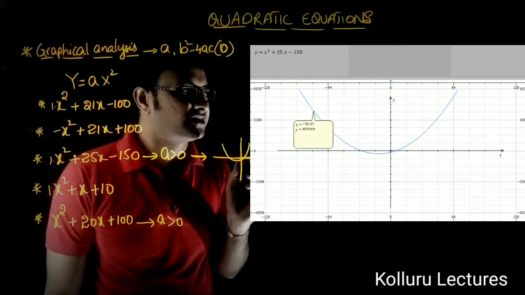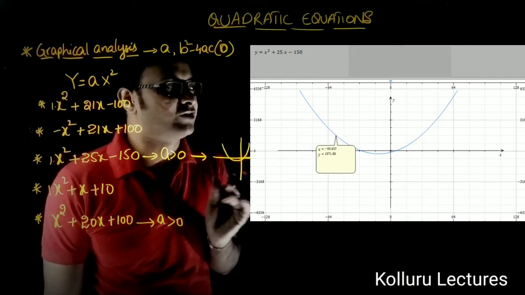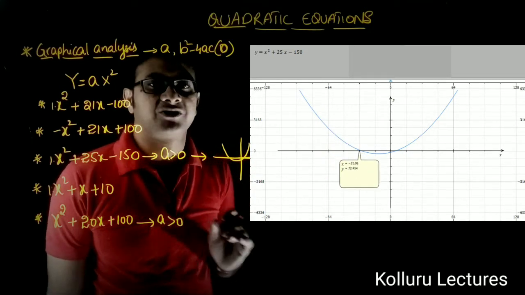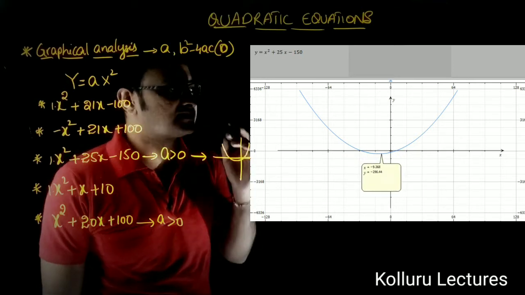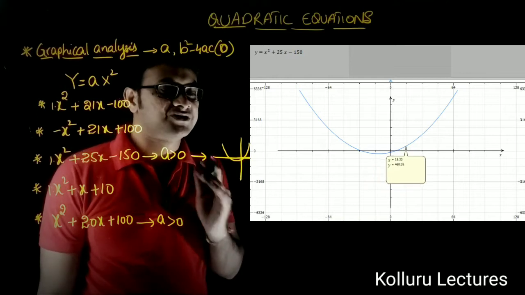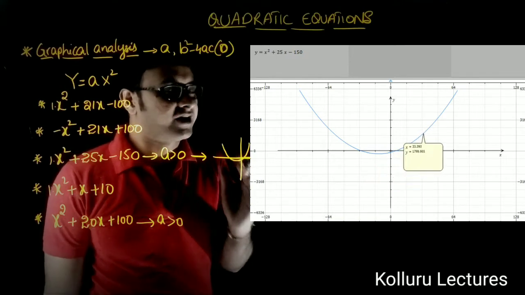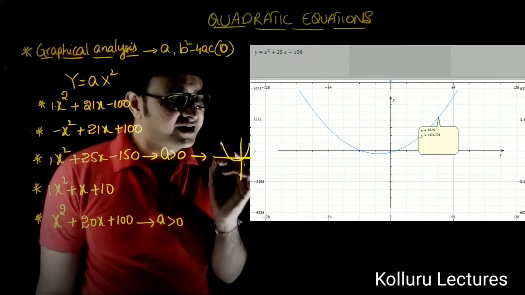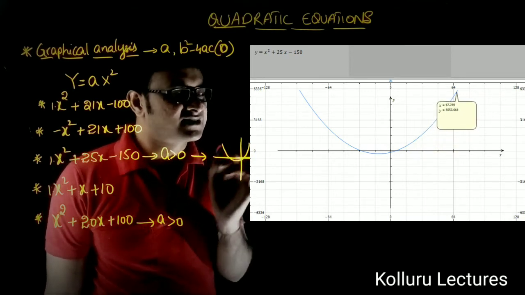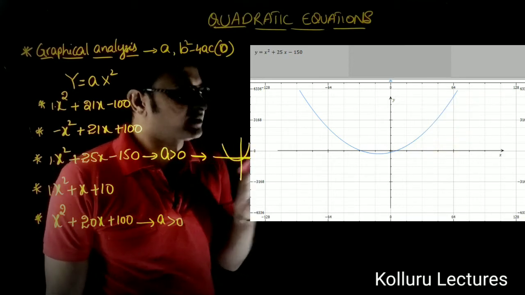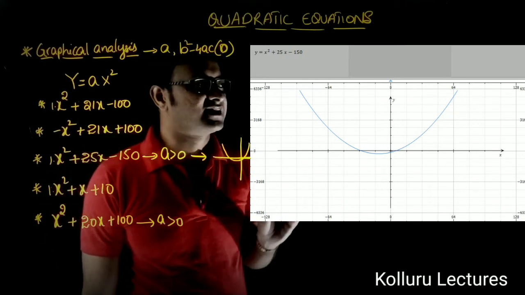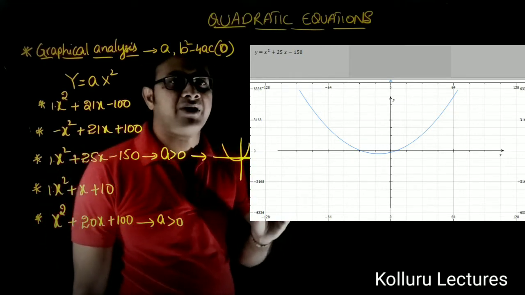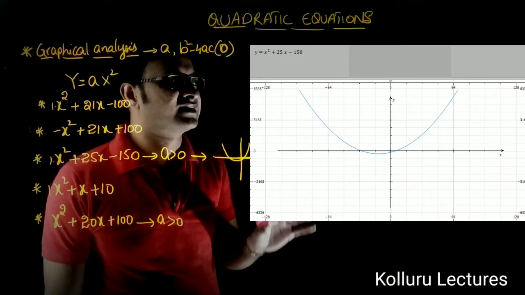You can see the different values of y for different values of x, and if you observe very carefully, the graph is intersecting the x-axis at 2 points, which clearly indicates that b square minus 4ac is greater than 0.